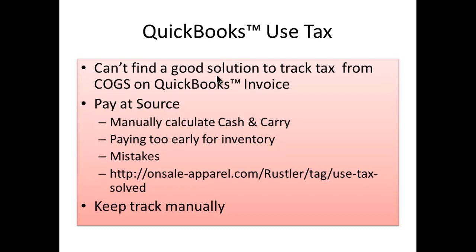So instead of paying at the source, they just tracked what they purchased, and then they could run some reports in QuickBooks and do the same thing. The problem with doing this is you still have the three other problems up there at the top: manually calculating cash and carry, paying too early, and mistakes.